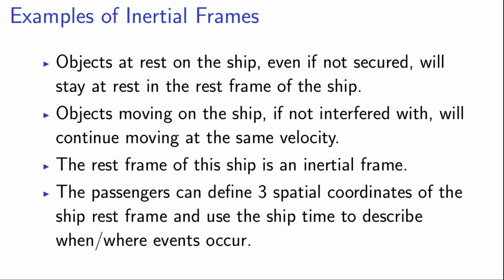Objects moving on the ship, if not interfered with, will continue moving at the same velocity. The rest frame of this ship is an inertial frame. The passengers can define 3 spatial coordinates of the ship rest frame and use the ship time to describe when and where events occur.